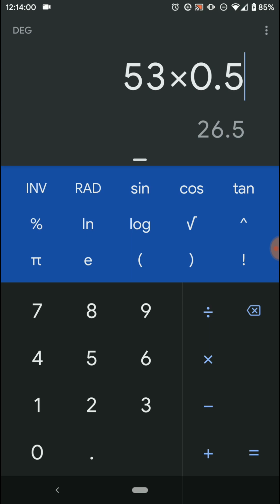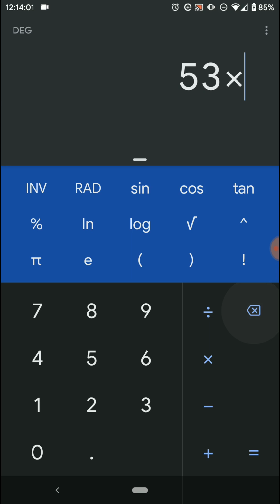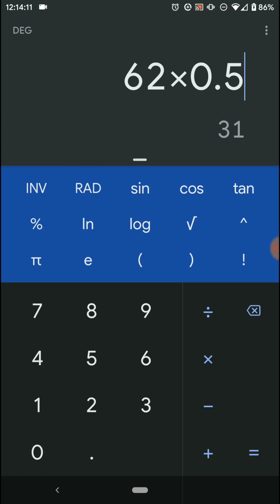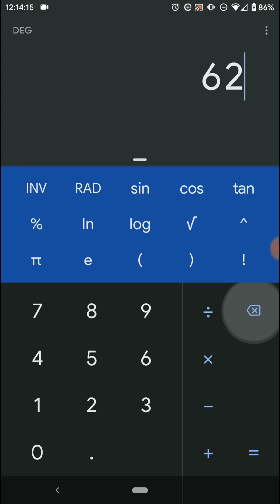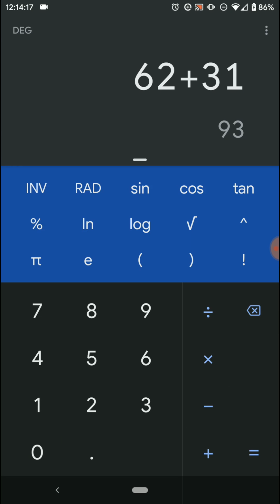We'd round that down to 26. And then we add that to the original attack stat to get the same answer of 79. And doing it in the example of 62 attack, we can multiply by 0.5. We get 31 here, no need to round down anything, and add it back to the original attack stat to get the same answer of 93.